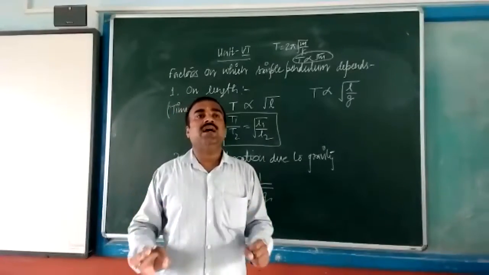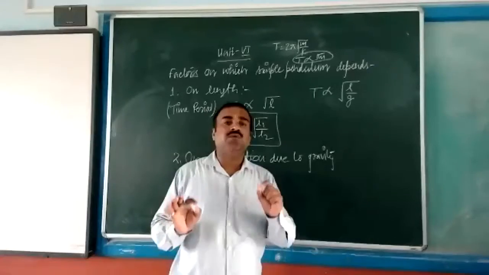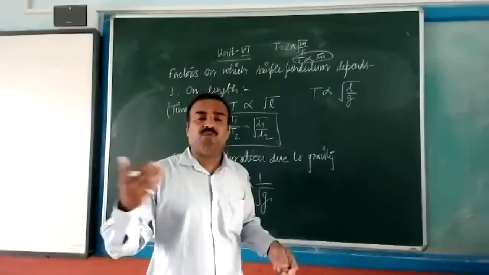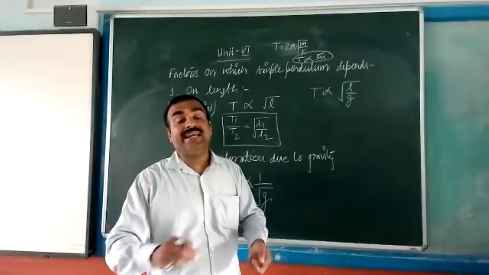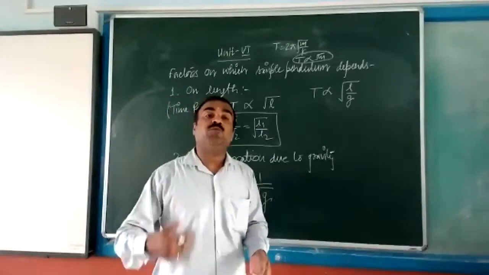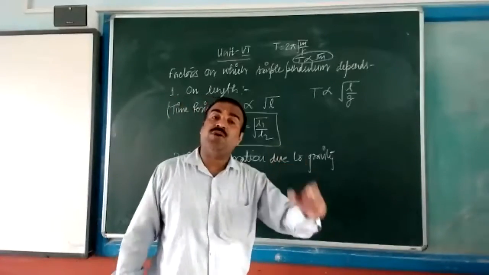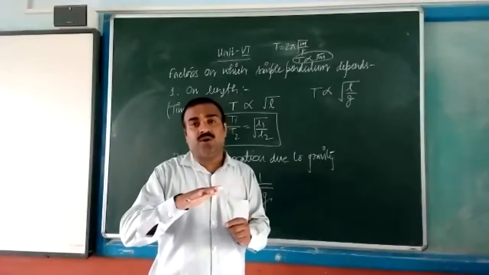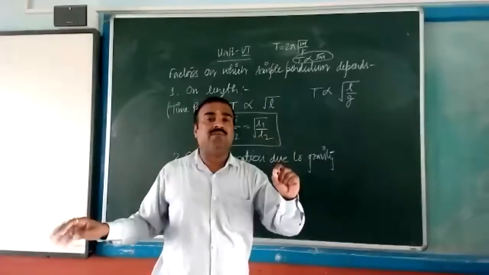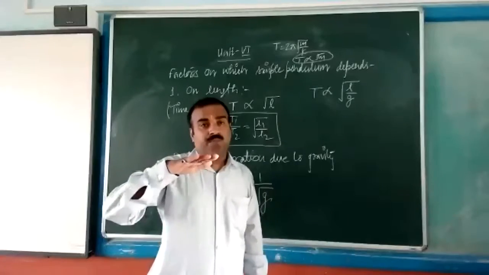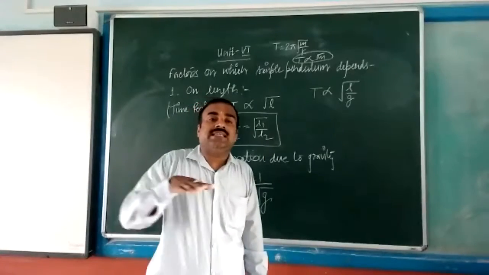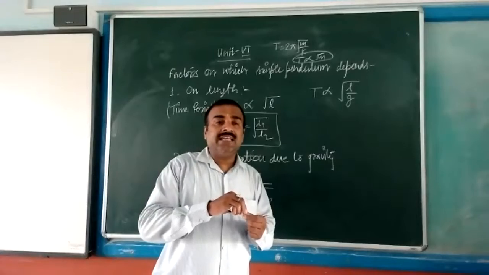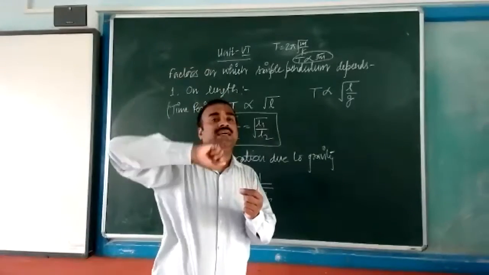Not everywhere will it remain the same. In some places it may be 9.8, some places 9.81, some 9.84, some 9.86. It depends on the equatorial position and on the distance from the center of the earth, which is different at every place.